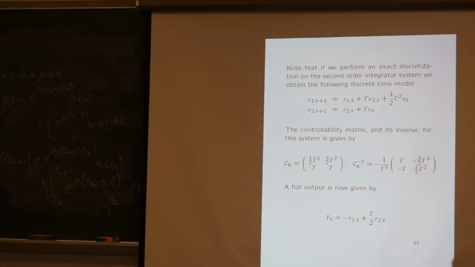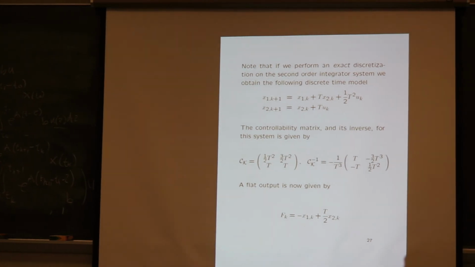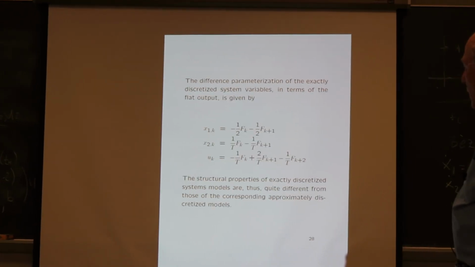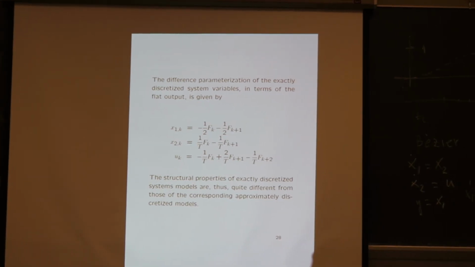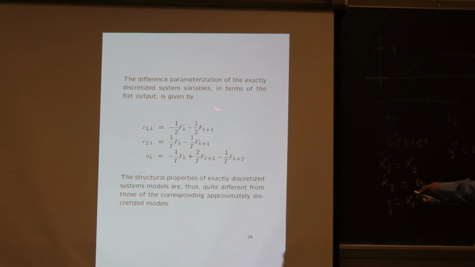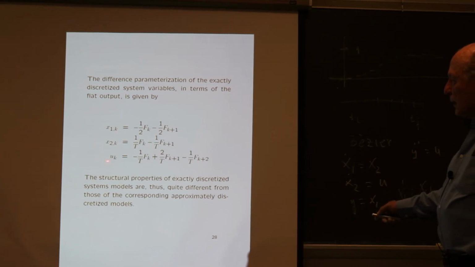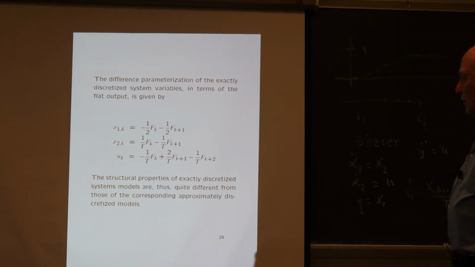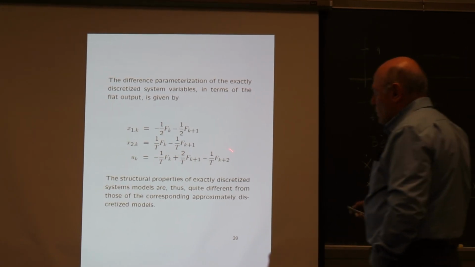But this would be your linear combination of the states to get the flat output. So the parametrization of all the states is different now, and the control U depends on the flat output and a finite number of shifts of the flat output all the way up to second order.